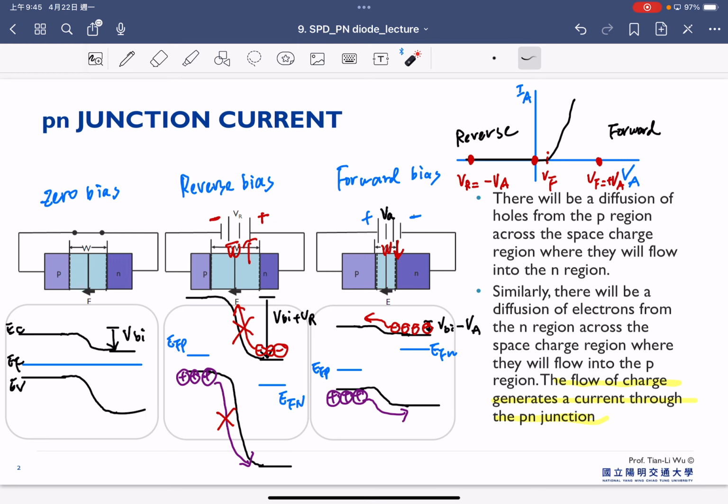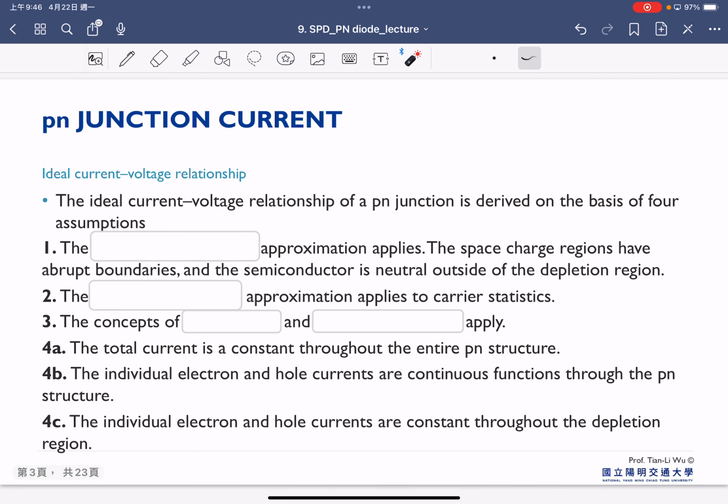And next, we have to derive some of the equations for the IV curve in the PN diode. So first of all, there are some assumptions. The ideal current voltage relationship for the PN junction is derived on the basis of four assumptions.